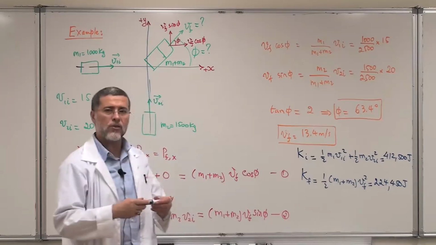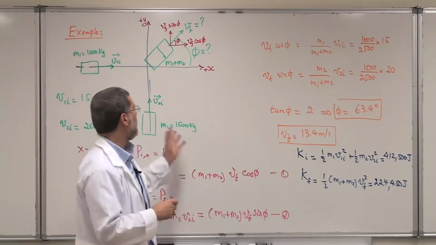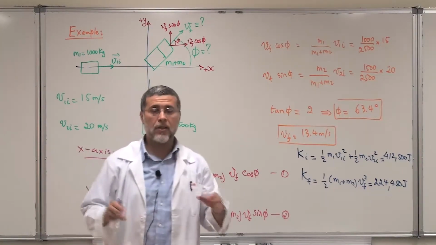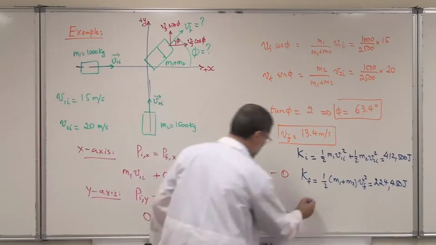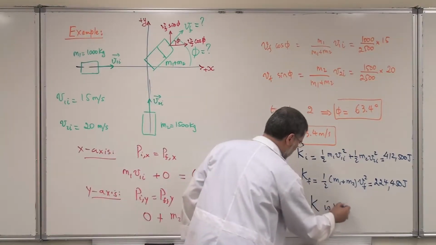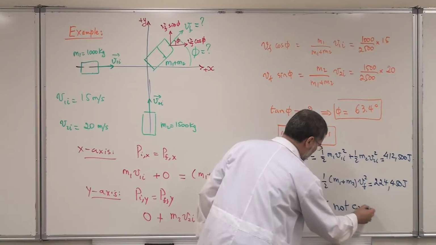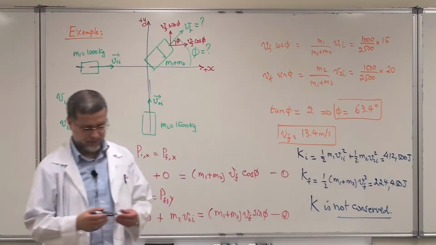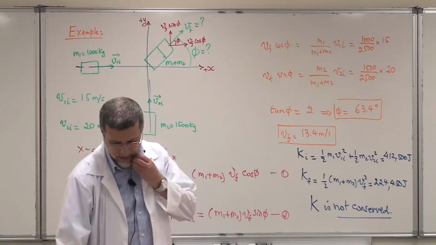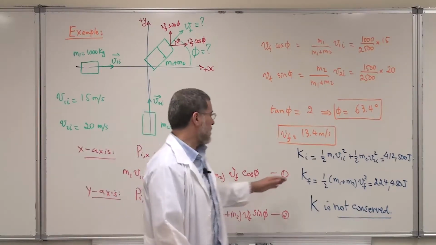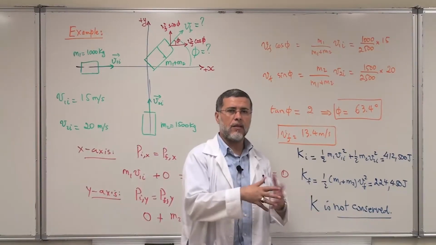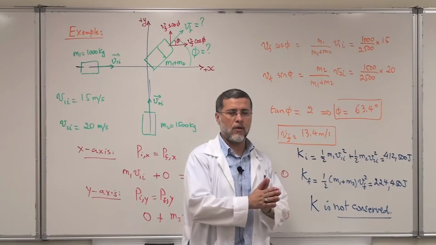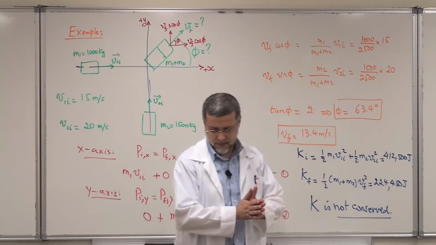So there's energy lost in the collision, because this is a completely inelastic collision and kinetic energy is not conserved. This is the proof of it in front of you. The energy is lost to heat and sound and so on. Thank you very much.